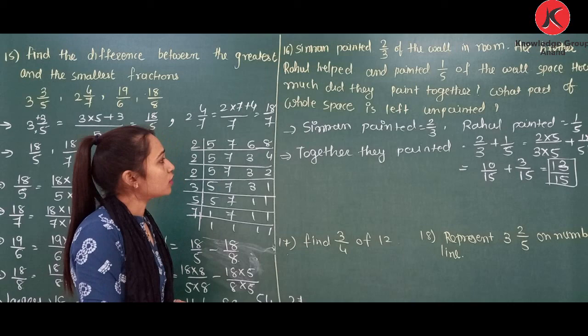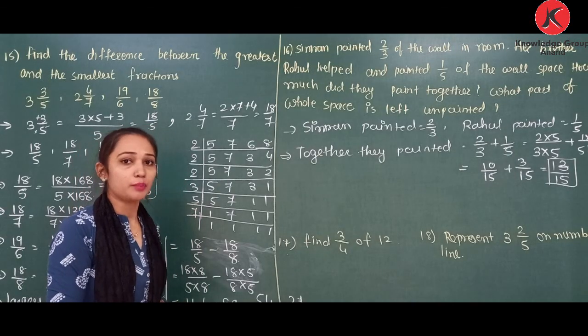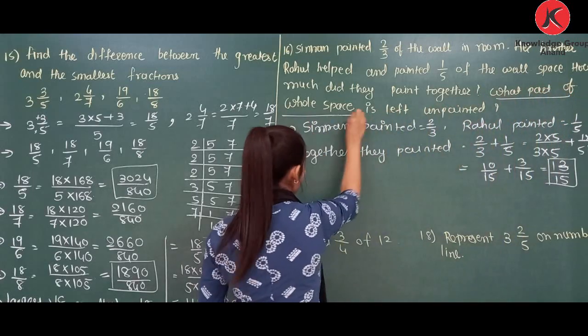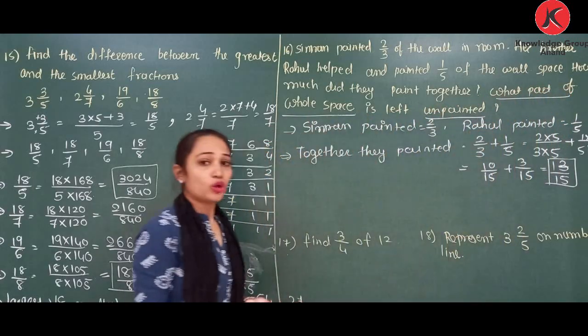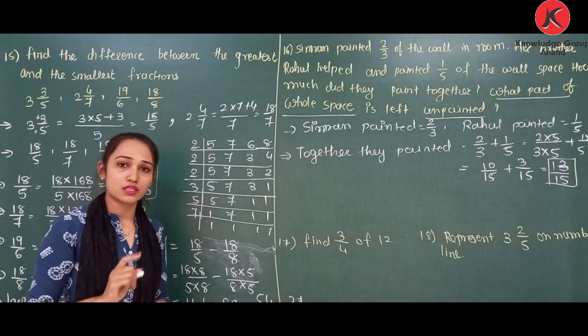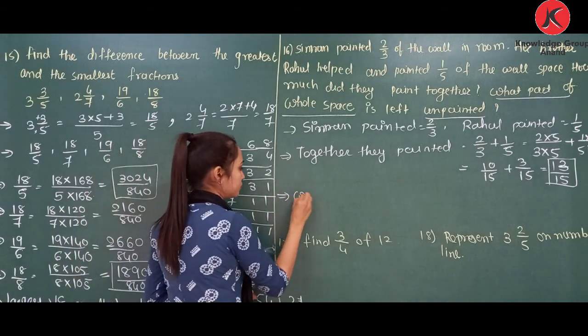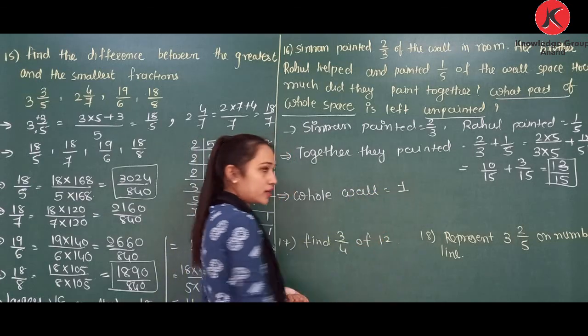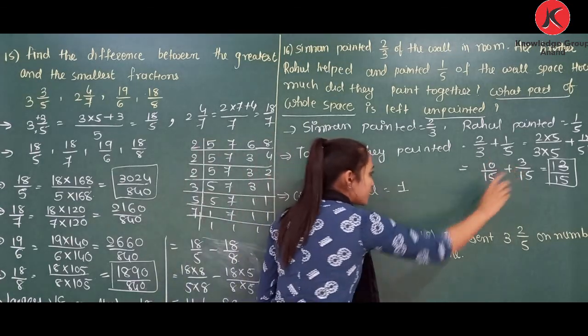Now what part of the whole space is left unpainted? The whole is considered as 1. The whole wall is 1, and from that this much is painted.